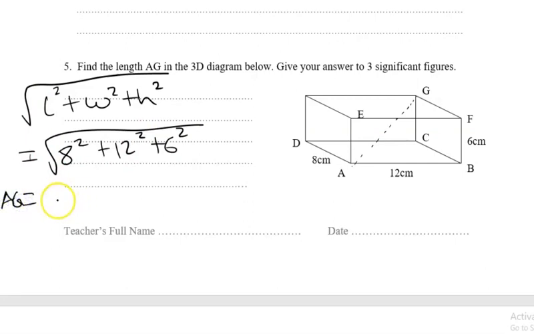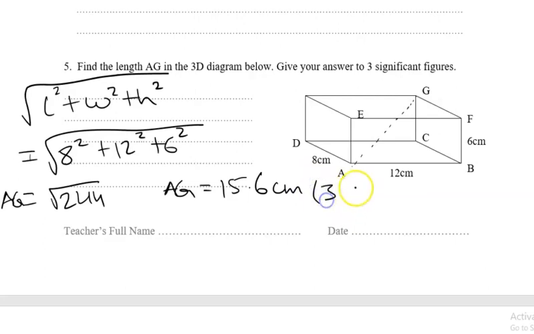So AG is going to equal the square root of 244. AG is going to equal 15.6 centimeters, correct to three significant figures.